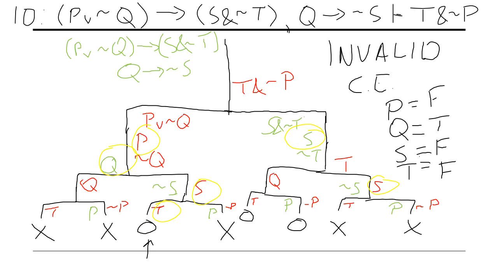Actually, now let's look. I think we have P, Q, S, T, so we have all of them here. The only one we don't have them all in is this one right here. But again, when you don't have a letter there, it means it doesn't have any bearing on whether or not it's invalid or valid. So it could be true or false, it doesn't really matter. But here is our list of values for making this invalid.